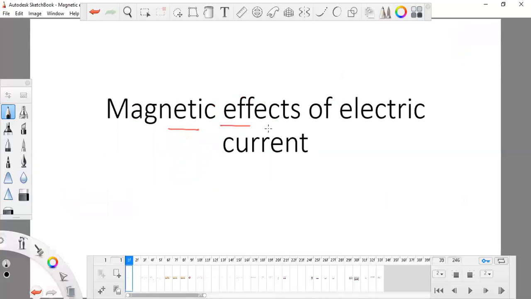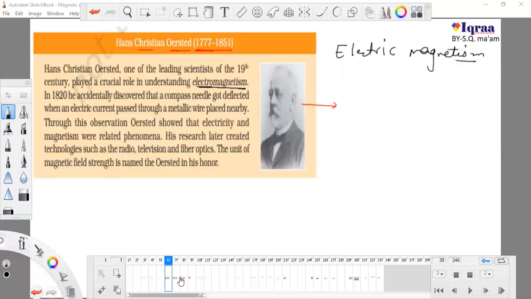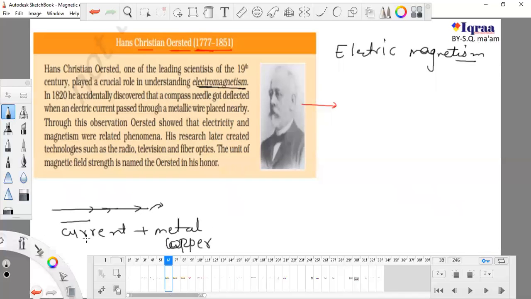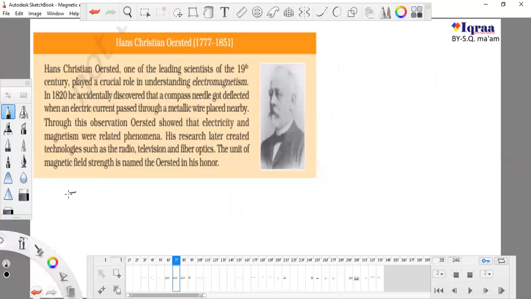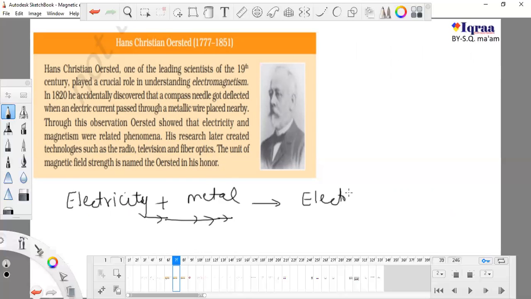And we are studying magnetic effects of electric current, because when electric current passes through a metal, this metal converts to a magnet. So current plus metal, better if you use copper because it has very good conductivity, electricity plus metal is equal to electromagnet or electromagnetism.